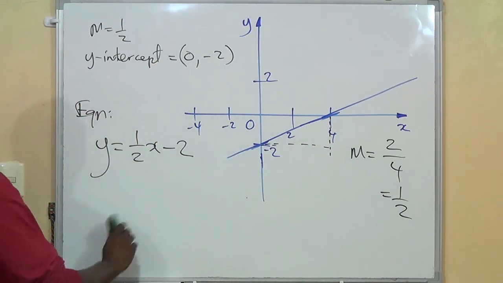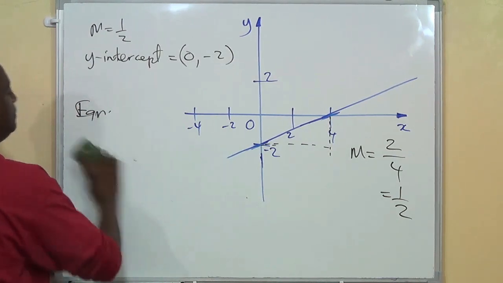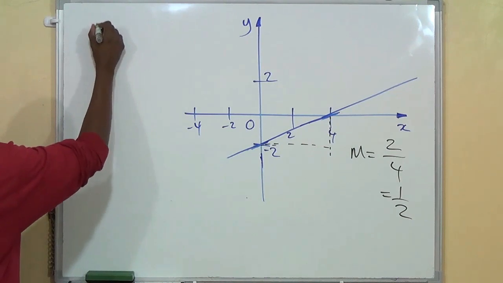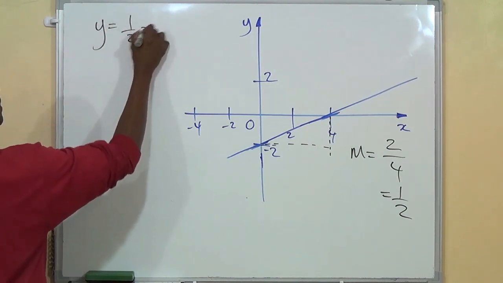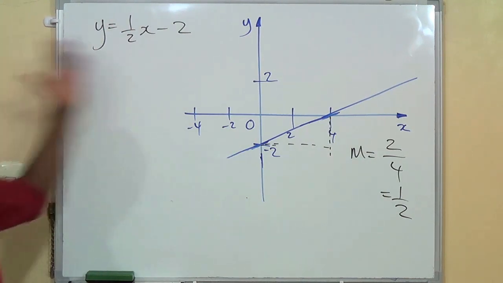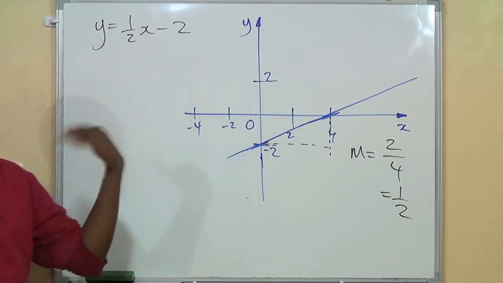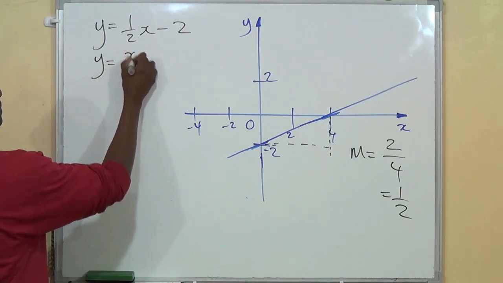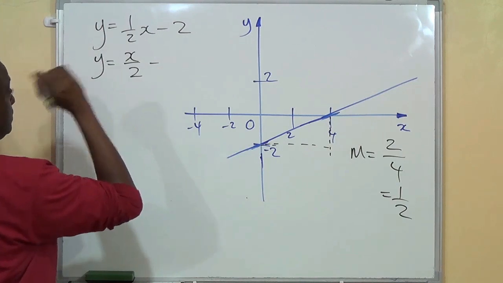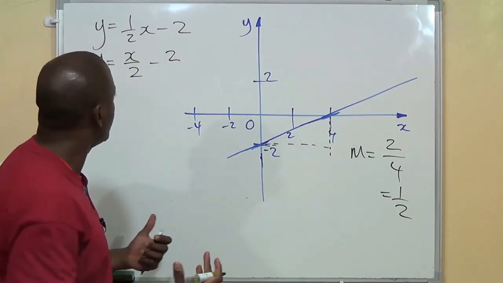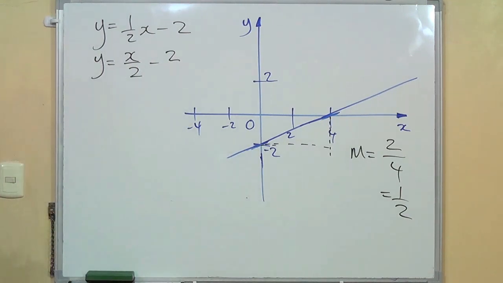So I'm going to rub this off now and start from the top. y is equal to a half x minus 2. What we want to do now is express everything with a common denominator. Once you do that, it makes life a little simpler. So y is equal to x over 2 minus 2. Let me simplify it a little bit.